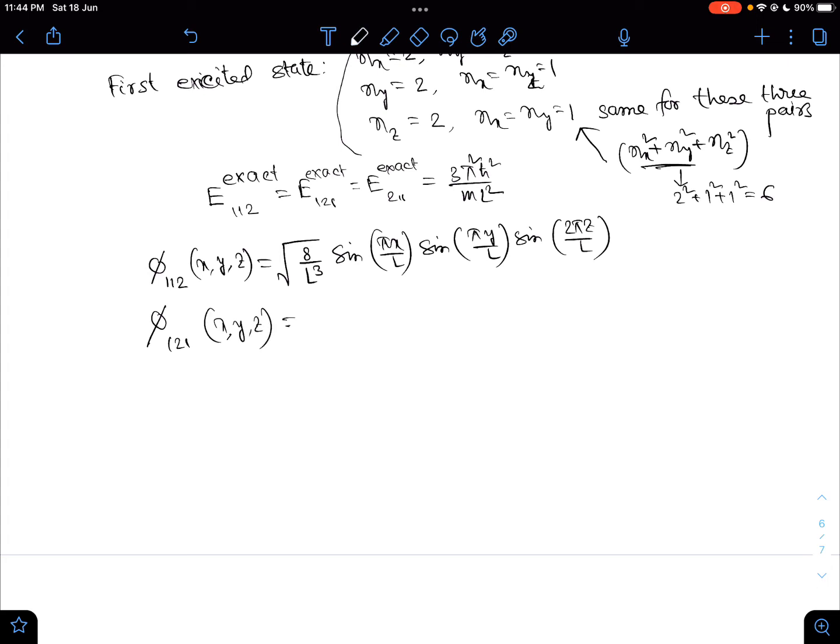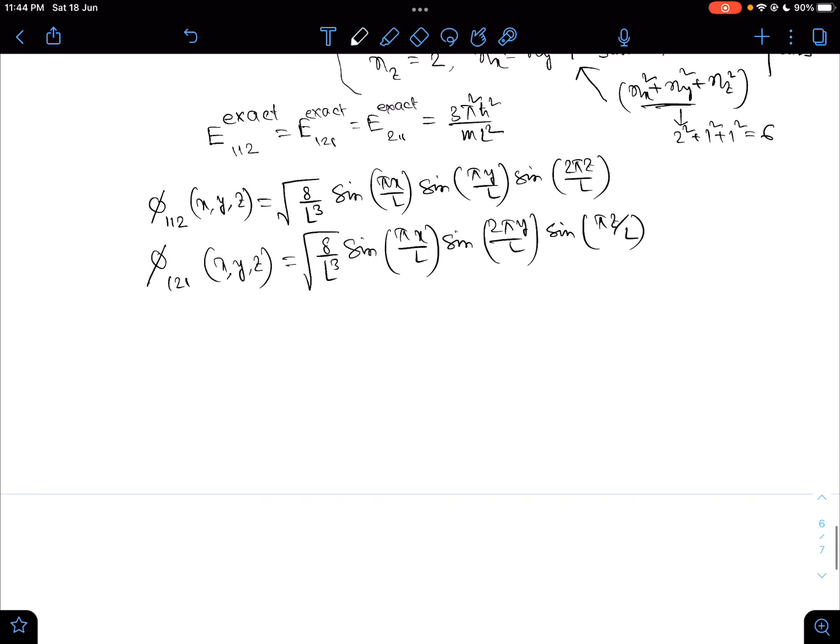For that, the wave function will be root of 8 by L cubed, sine pi x by L, sine 2 pi y by L, sine pi z by L.